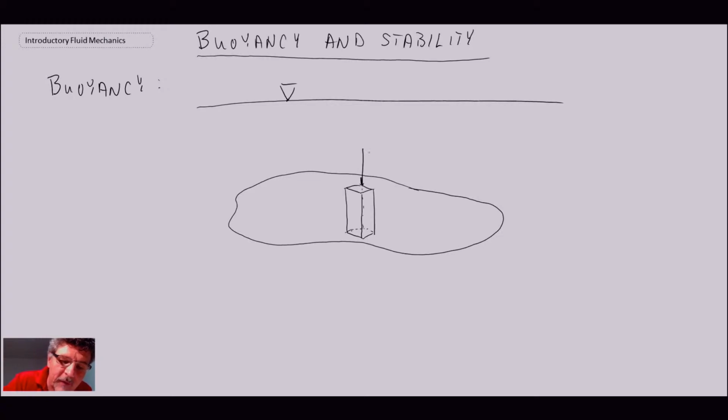And we know that we have a hydrostatic pressure at the top, P1, and one at the bottom, P2. We will say the lower surface is at H2 and the upper surface is at H1.